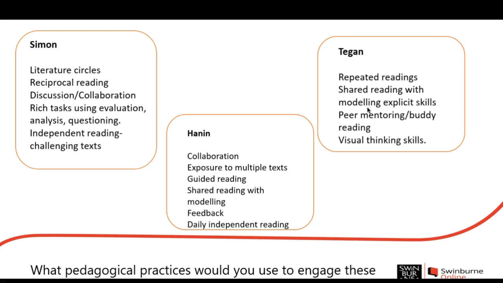Funnily enough, I was doing some research the other day at school on the ideas behind independent reading, and if students read 100 just right books, they only progress so many reading levels, but if they read 50 challenging books, they actually made more progress than the students who read just right books. So someone like him would need to be pushed to read harder, challenging texts to push him to the next level with his independent reading.